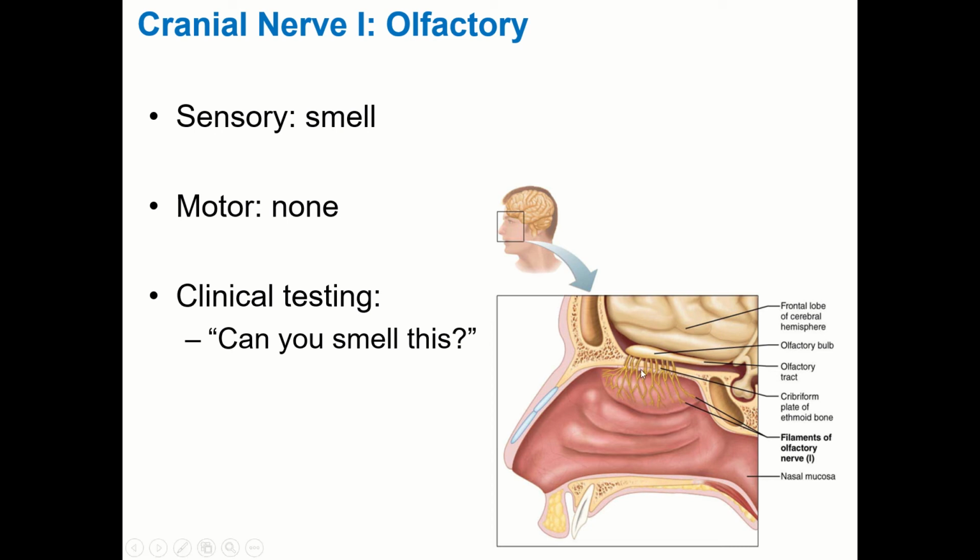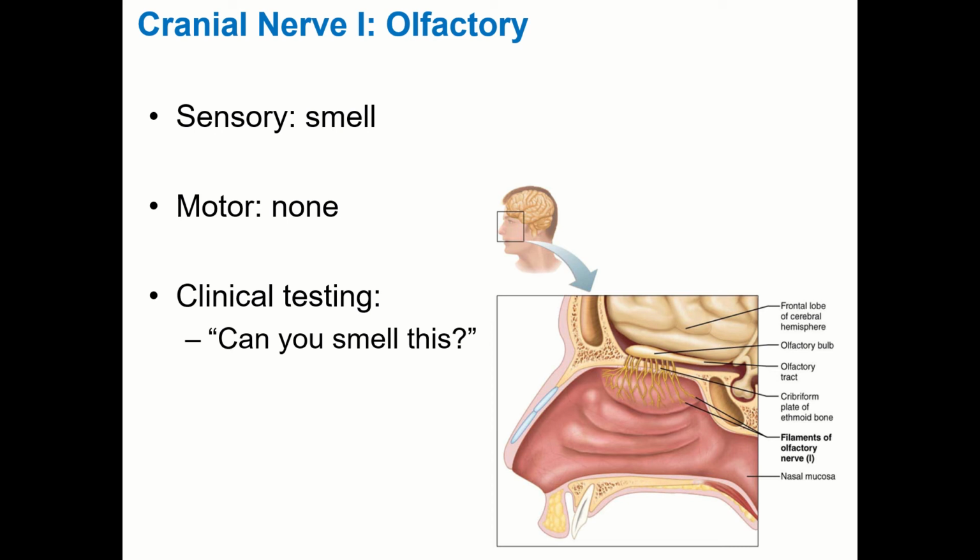These filaments pass into the nasal cavity, and when they pick up certain chemicals, like perfume, for example, that causes them to depolarize. The brain then interprets that chemical information as meaning that you're smelling a particular perfume, or smelling barbecue, or whatever it is that you're smelling, right?